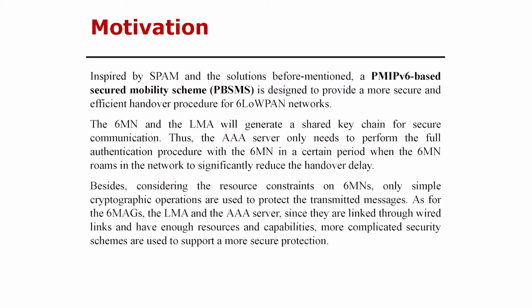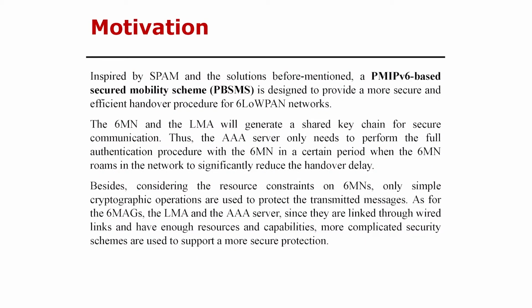The AA server only needs to perform the full authentication procedure with the 6LoWPAN mobile node in a certain period of time, for example, when the node first joins the network, or after a period of time to refresh the key chains. This significantly reduces the handover delay when the node moves among 6LoWPAN routers in the network.